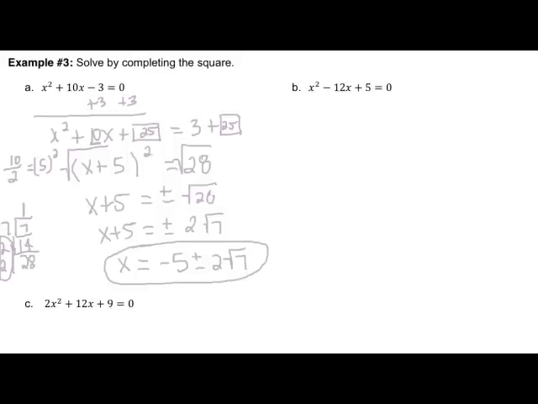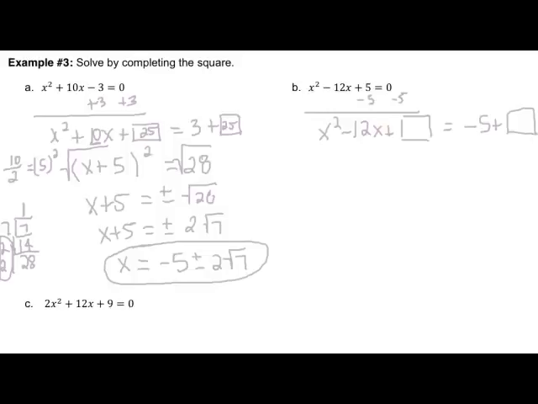For part B, again, we want to move our c term, so we're going to subtract 5 from both sides. So we get x squared minus 12x plus our box equals 0 minus 5 is negative 5 plus our box.